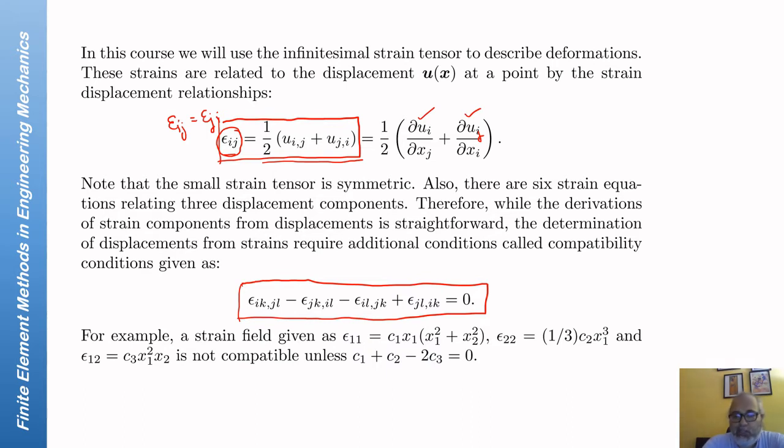single valued and continuous. This compatibility equation, as you can see, has four free indices, so there are actually 81 compatibility equations.